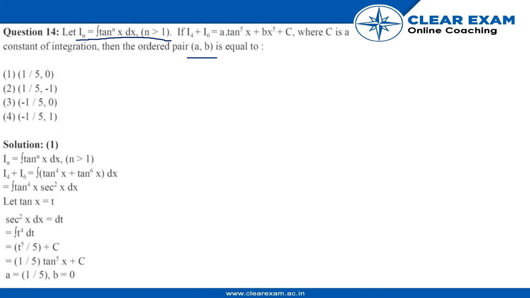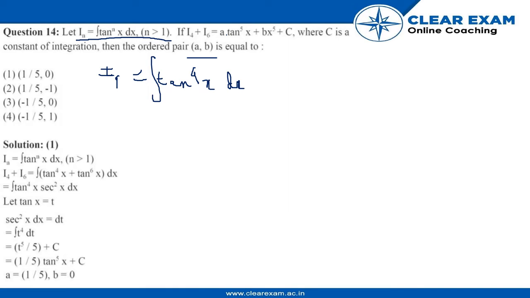Now first we will start with the given things, and the first thing we can deduce is that In is the integration of tan nx dx. So I4 would be the integration of tan raised to power 4x dx.